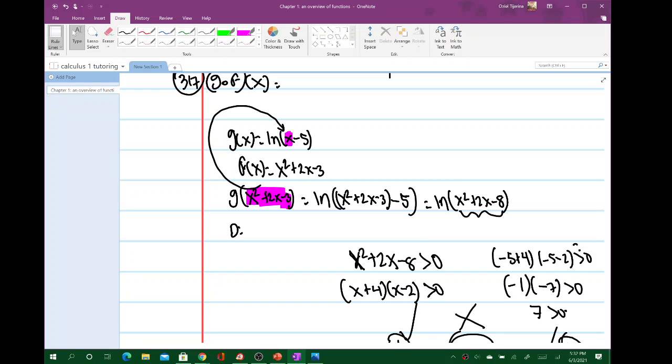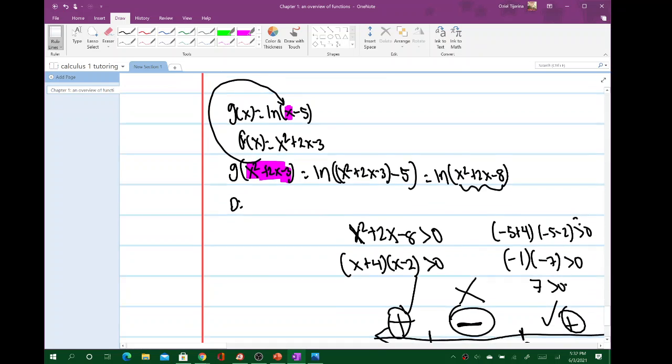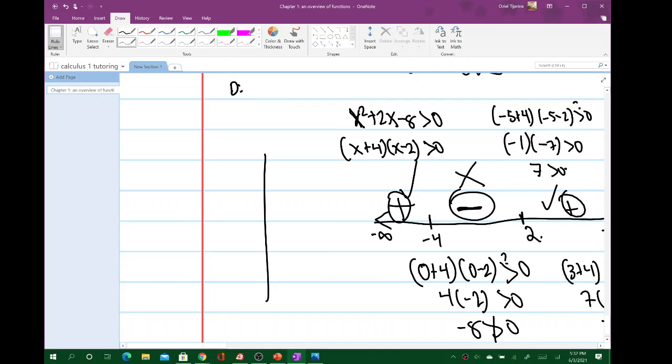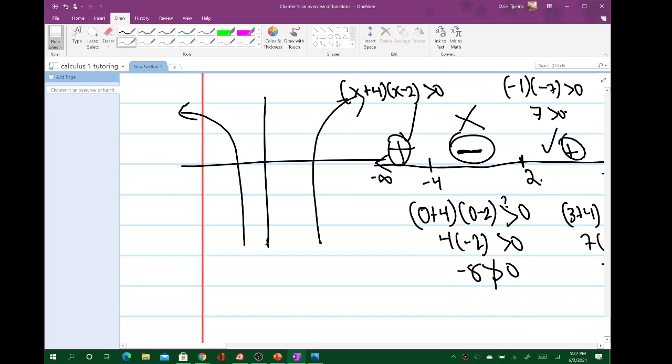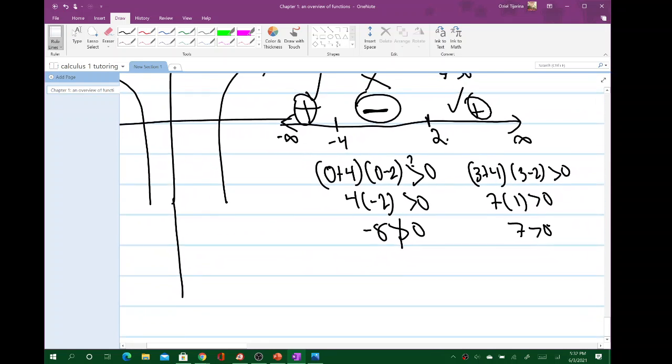So if we just kind of look at the graph, really, and like I said, this one is a little bit difficult. It looks something like this, but as you go down, it is undefined for those two x values that we were talking about.